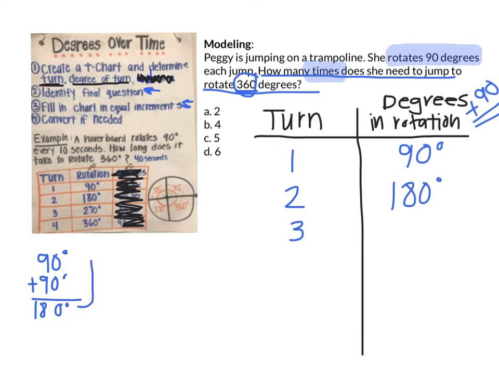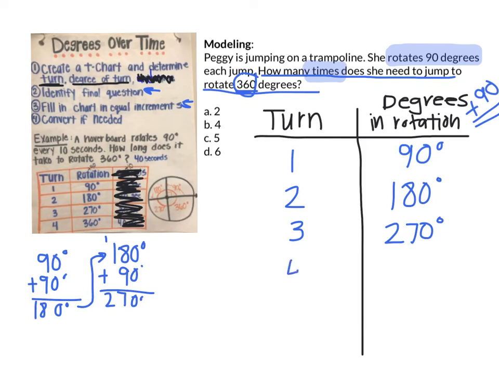I take my 180 degrees and I add another 90 degrees. 0 plus 0, 0. 8 plus 9, 17. 1 plus 1 is 2. 270 degrees. We're still not at that 360, so we keep going.